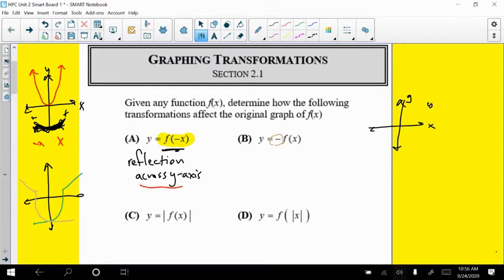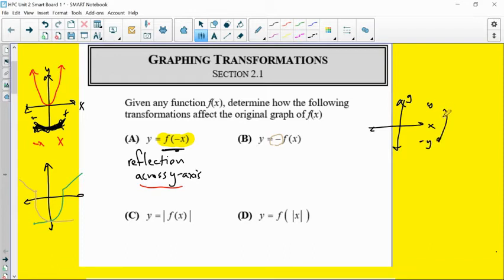If it were positive, it's becoming negative, but if it were already negative, it's becoming positive. So you get that reflecting idea, but it's over the x-axis, not the y. It's a reflection across the x-axis, because all your y's are changing.